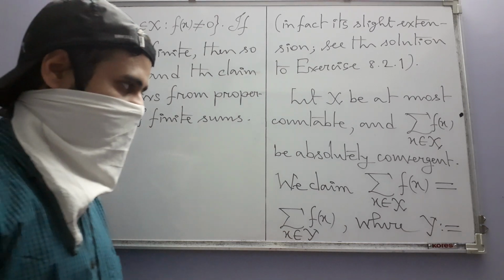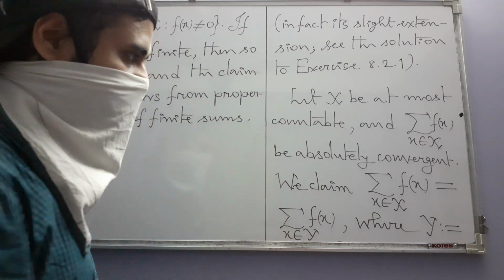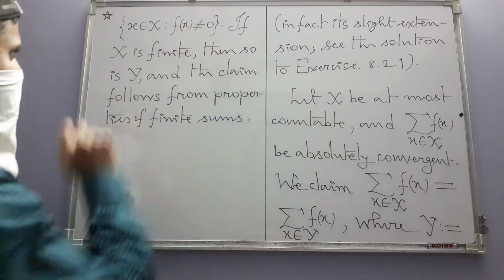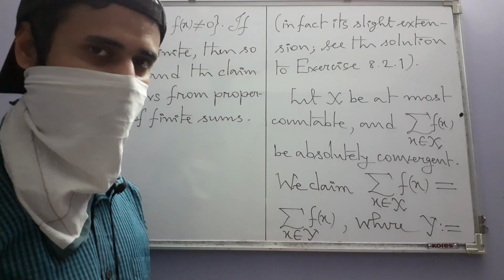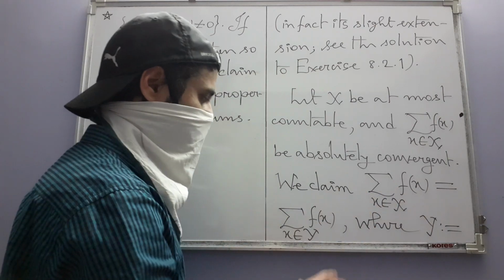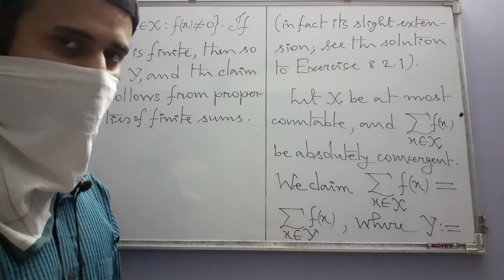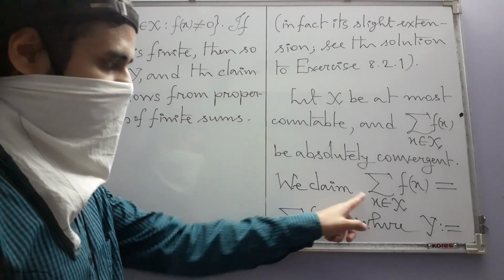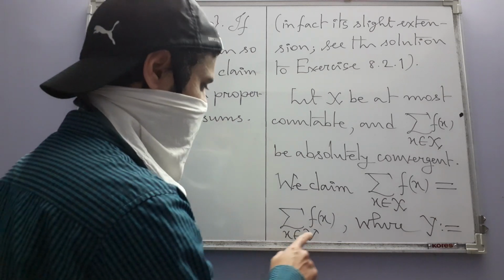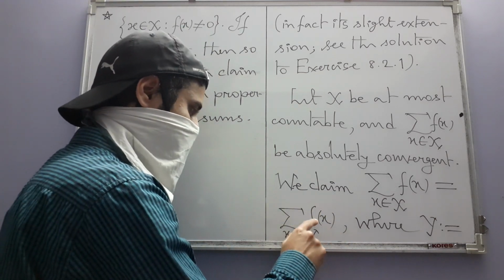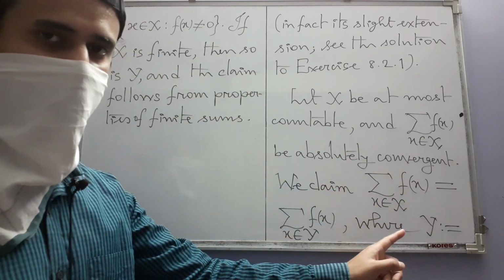So what we are saying is that when X is finite, then Y is finite, of course, because Y is after all a subset of X. But then we are dealing with finite sums on both sides of the equality sign, and it follows from properties of such finite sums that these two are equal. And why is that so? That is because in this sum we are only considering the non-zero values of f, and here we are considering all values of f.